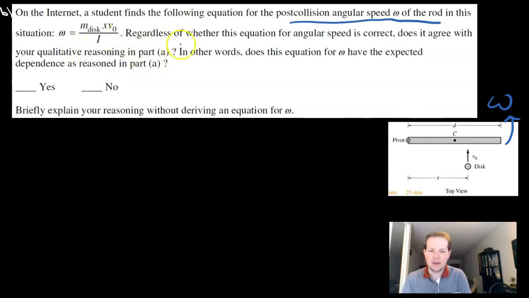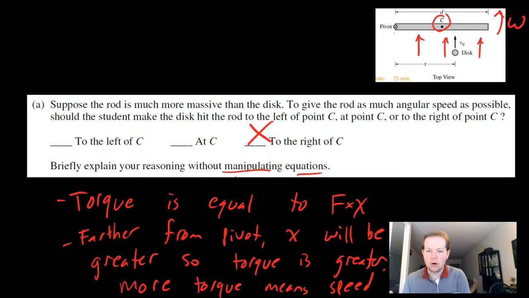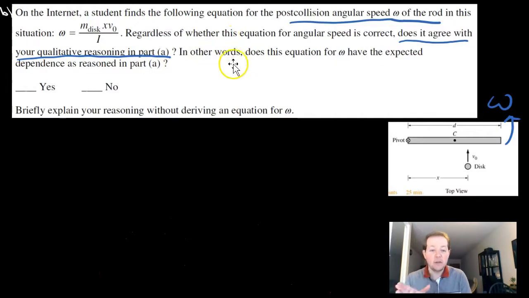Let me read that again. Regardless of whether this equation for angular speed is correct, does it agree with your qualitative reasoning in part A? Okay, so does this equation match what I said here in part A? In other words, does this equation for omega have the expected dependence as reasoned in part A?